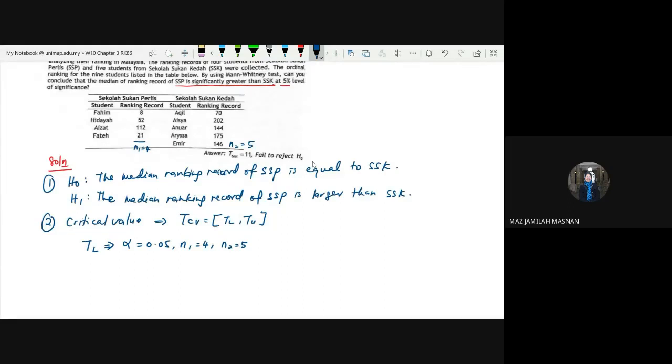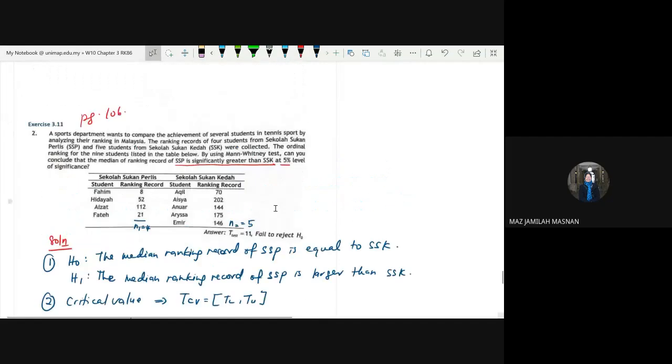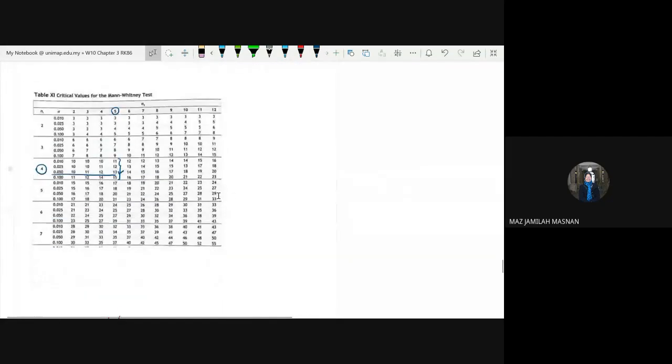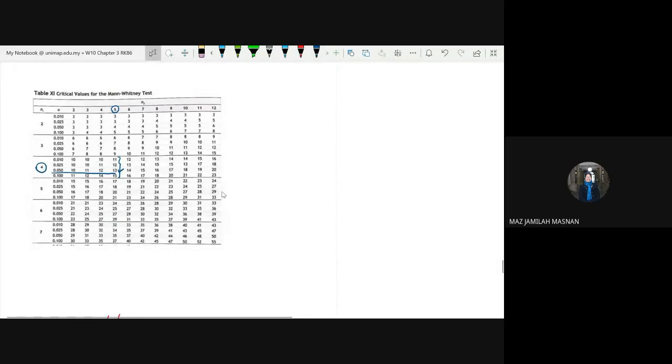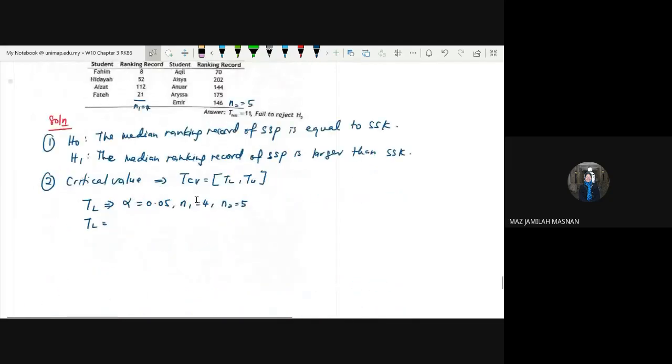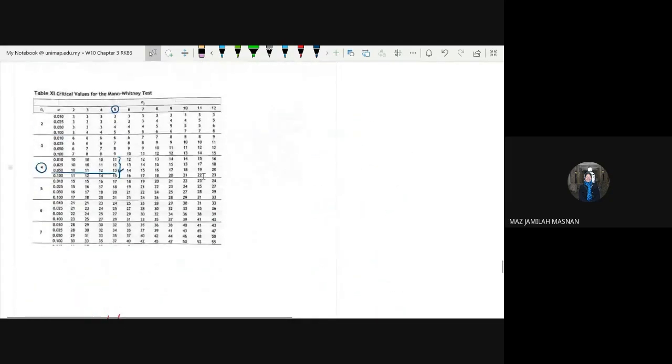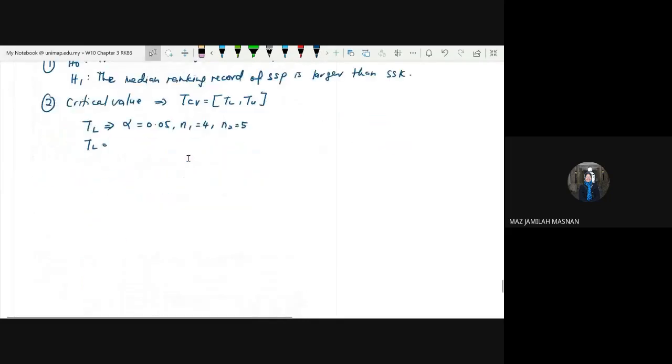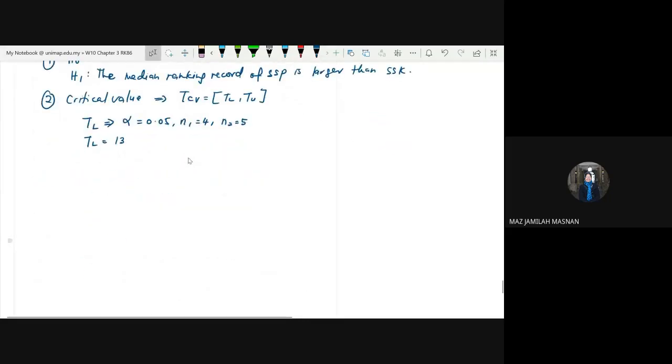Look at the Mann-Whitney table with N1 of 4, N2 of 5, and alpha 0.05. Then you get 13. TL is equal to 13.